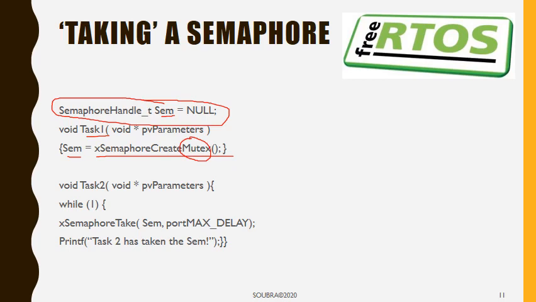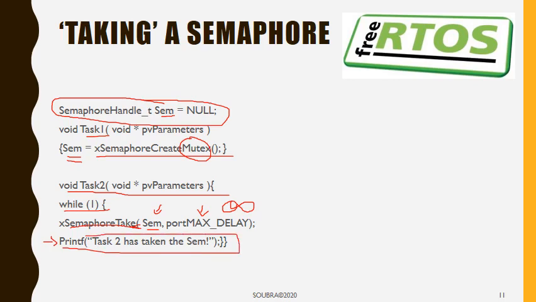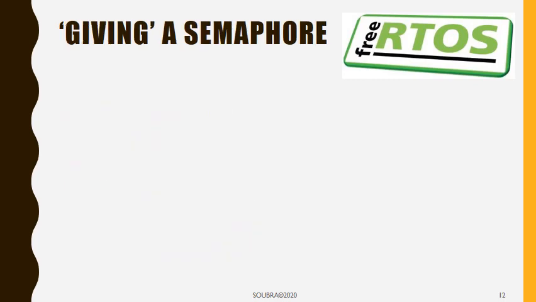And then task number 2 has a perpetual loop attempting to take the semaphore that I created here. I'm specifying the timeout period to infinity, so no timeout. So I'm going to stay blocked until the semaphore is given, and hence I can take the semaphore, which is a mutex in this case.